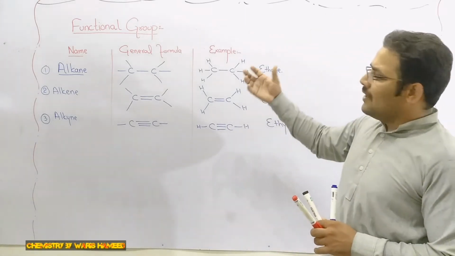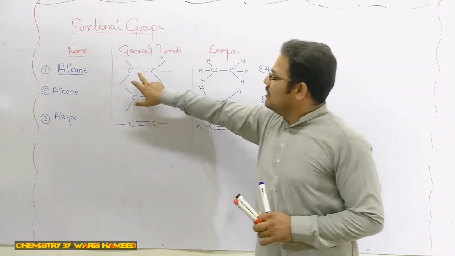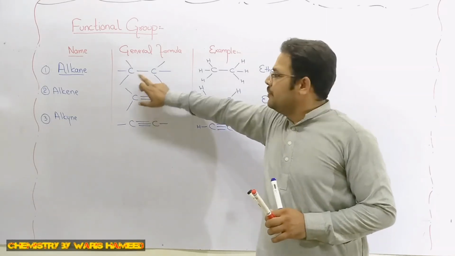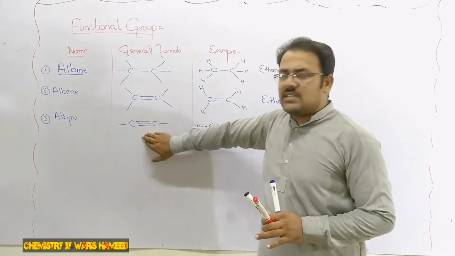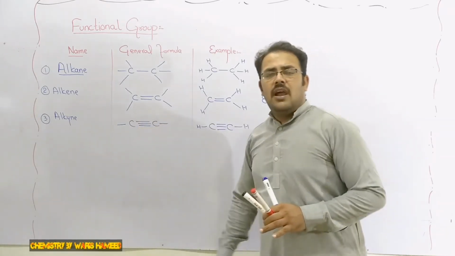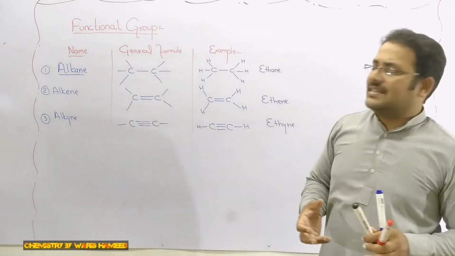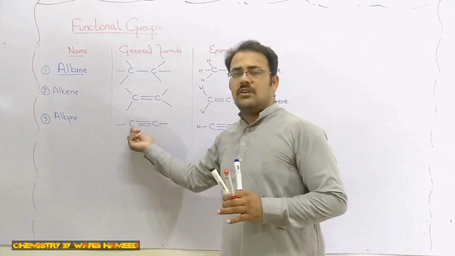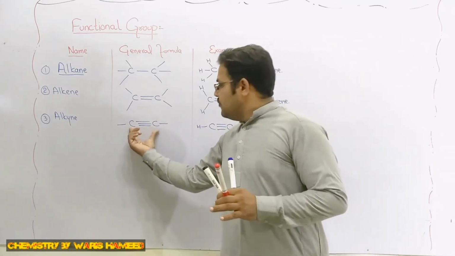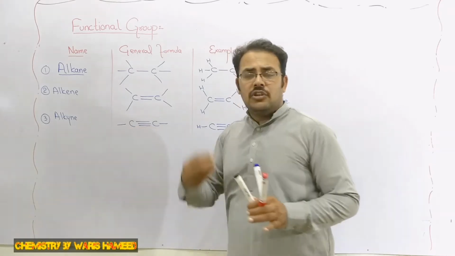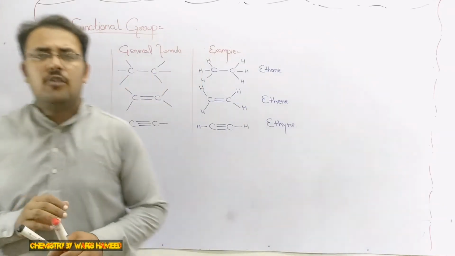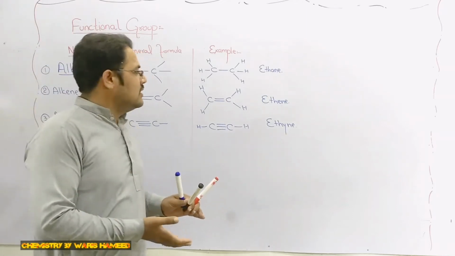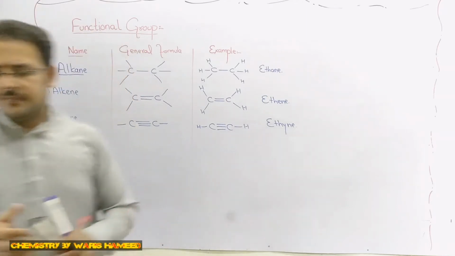In alkane the single bond is acting as a functional group, in alkene the double bond is acting as a functional group, and in alkyne there is a triple bond. If any compound contains a triple bond and the atoms forming the triple bond are carbon atoms, then we can say these are alkynes.